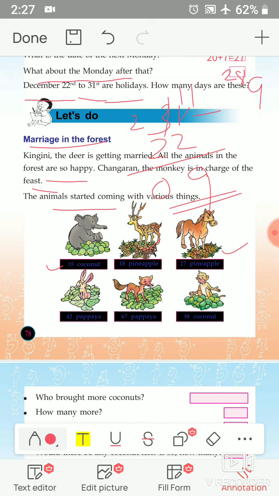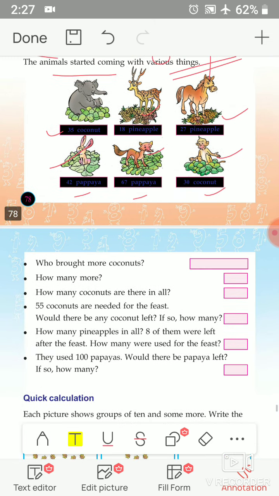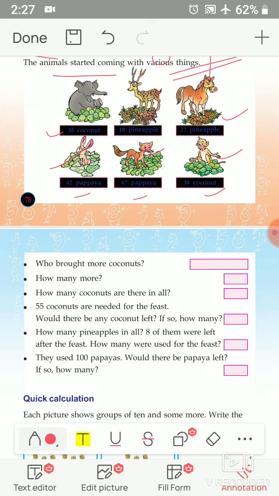And horse collected how many pineapples? Yes, 27 pineapples. And rabbit collected? Yes, 42 papayas. And fox collected 67 papayas. And monkeys collected 30 coconuts. Okay, then look at this question. Who brought more coconuts?